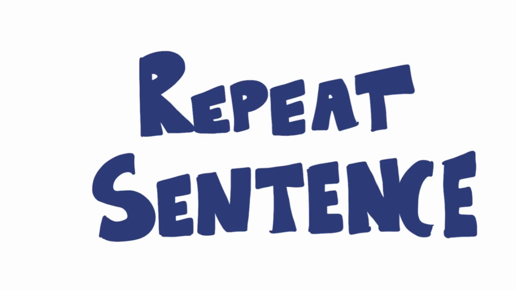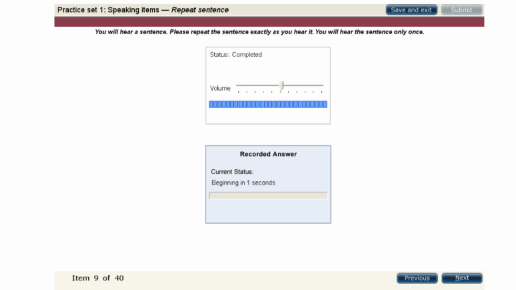Coming to today's class, we're going to tackle repeat sentence, and on your test day, the computer screen will look something like this. You will generally come across 10 to 12 questions of this question type on your test day.